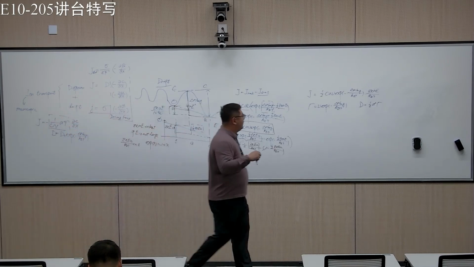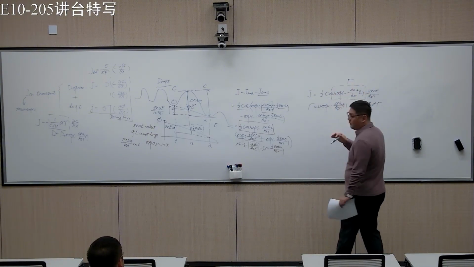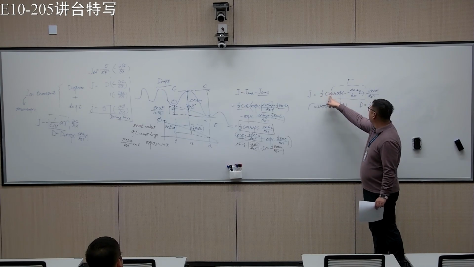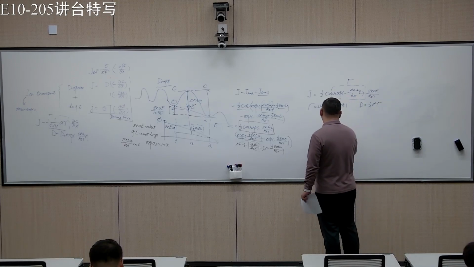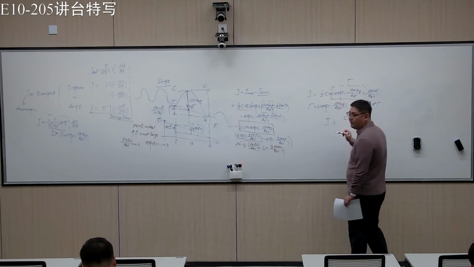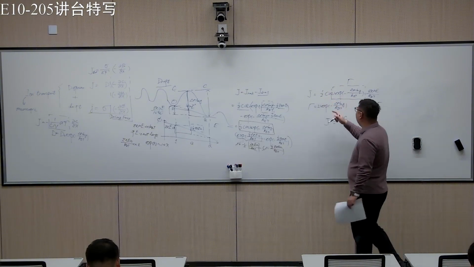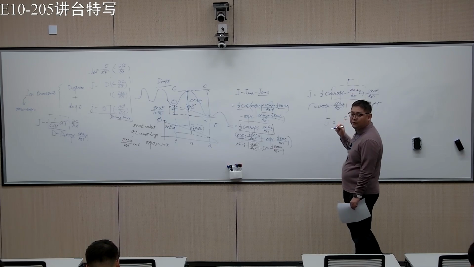Then this part is basically tau, and we have 1/2 a here, then tau here. Then J is basically what's left of it: the concentration, then the 1/2 a and tau. Any questions?